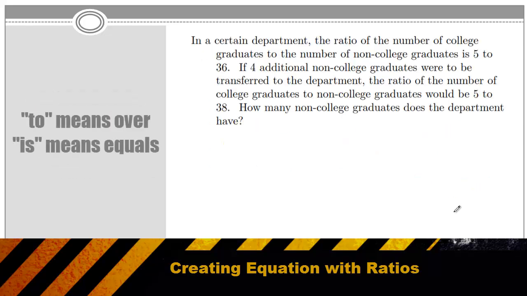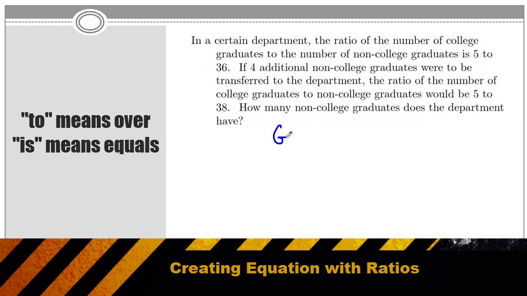This problem might seem more daunting, but it's really not going to require anything we haven't seen before. Translating ratio word problems is a lot easier if you remember that "to" means over, and "is" is your equal sign. So just translating this problem word for word into an equation, I can see I have graduates to non-graduates is 5 to 36.